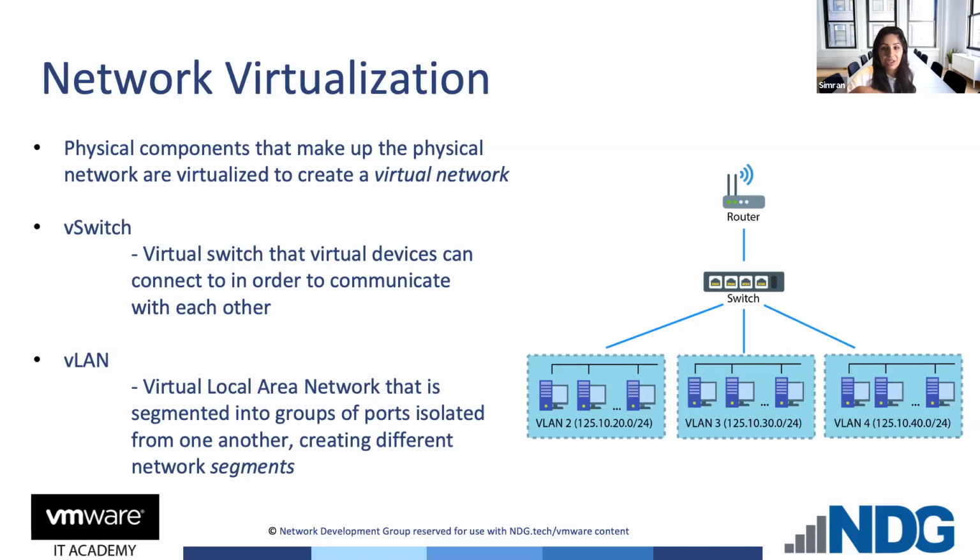Since all the network virtualization is automated anyway, that configuration that usually used to take quite a bit of time and a lot of manual processes has just been reduced. So it saves a lot of time, it saves a lot of risk, because there could be a lot of manual errors that could come along the way, but it saves a lot of that.